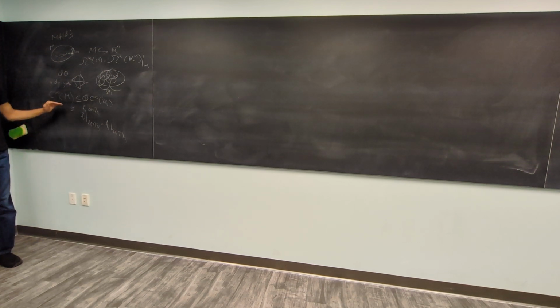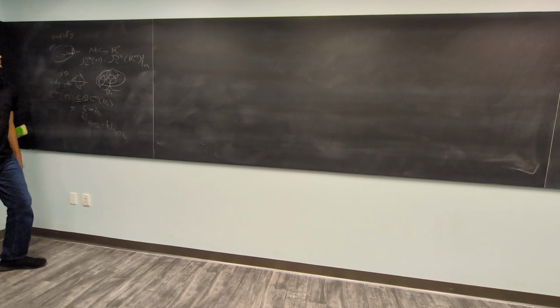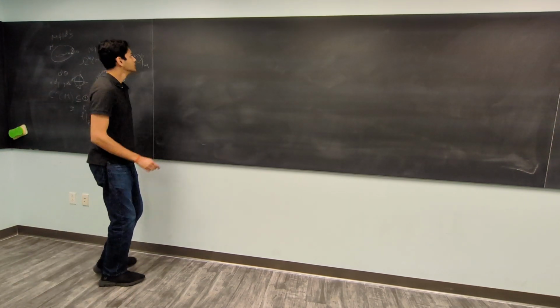So we're going to use the same sort of idea to define Omega^k(M) in an intrinsic fashion, where you define differential forms on each open set such that they piece together nicely. So how do you do that?